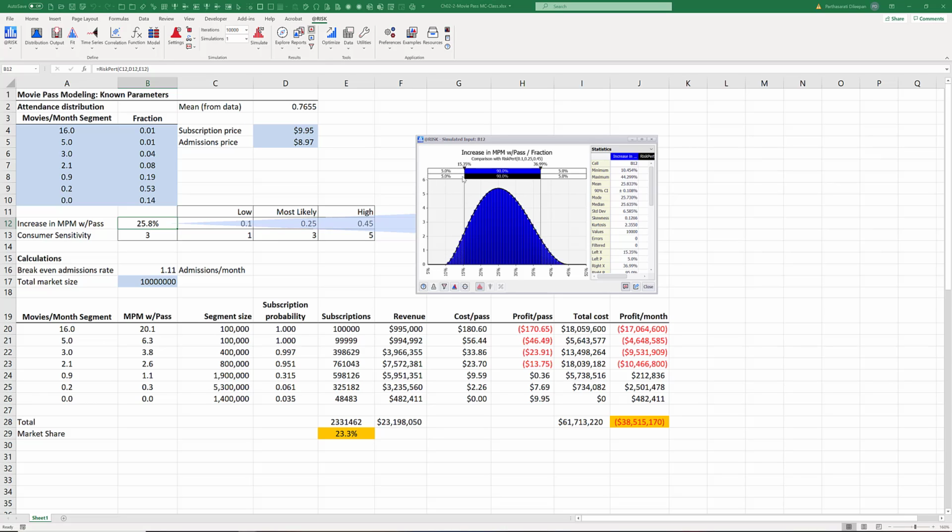If you want, you can increase the probabilities. Then you'll see what are the values that were simulated for increasing movie going rate. So it's in that range.